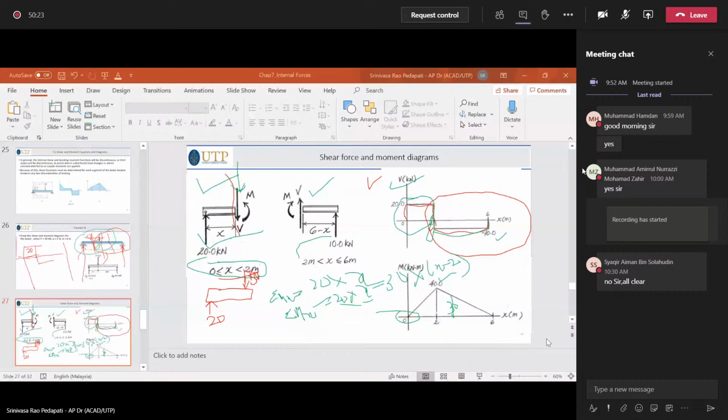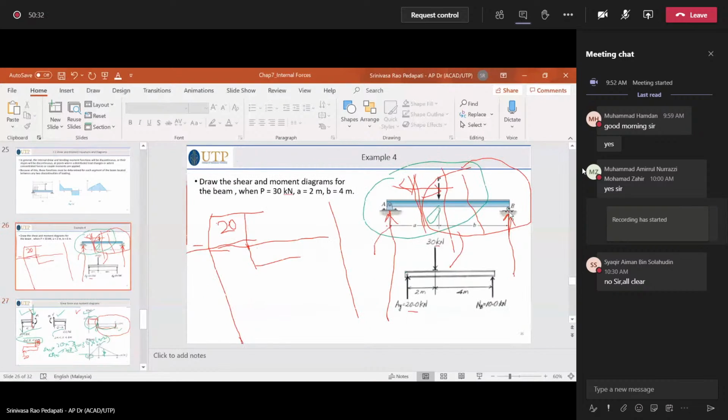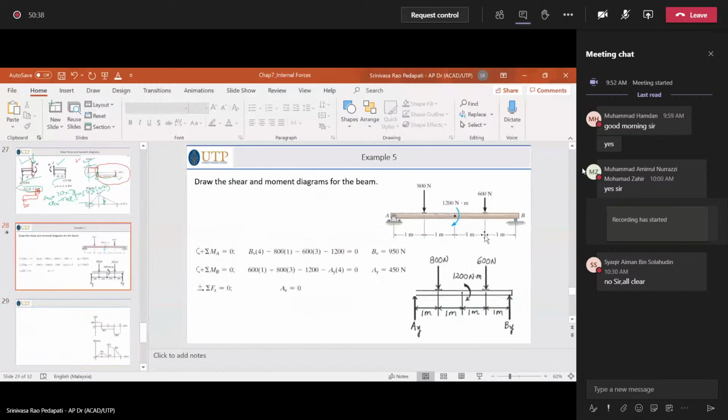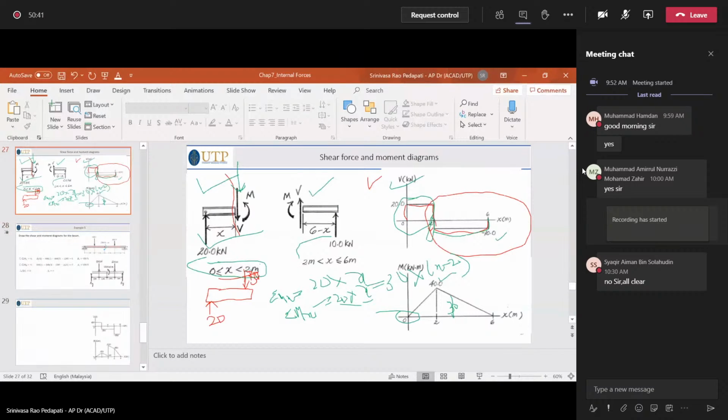Can somebody tell me the moment at x equal to 5? That means I want the moment at 1 meter from B. What is the moment at 1 meter from B? Can anybody tell me? Give me the answer here on the screen.